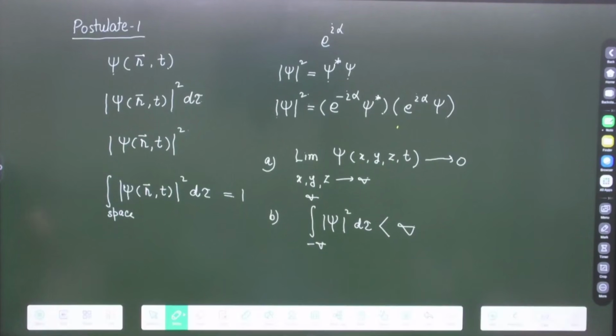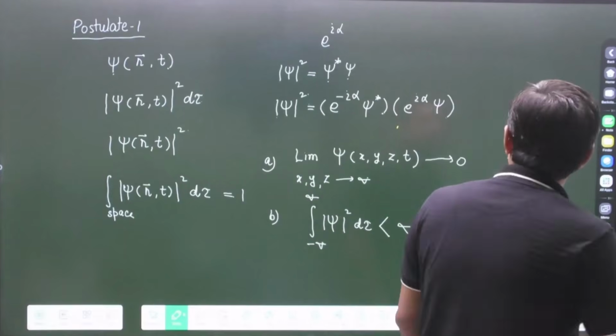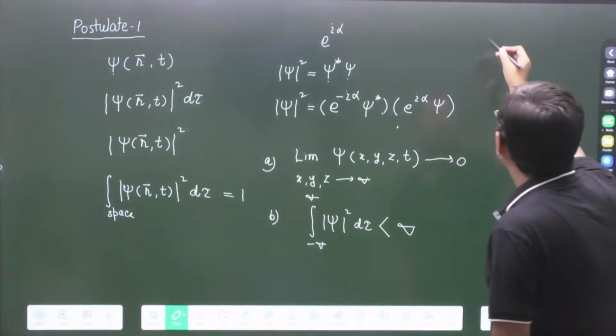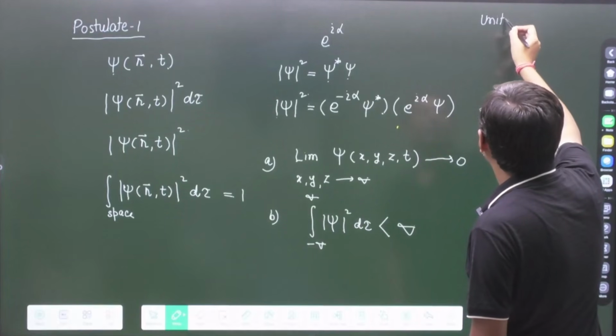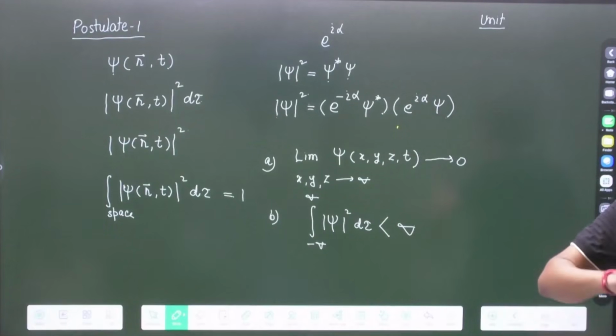Next point, unit of normalized wave function. This is all about these wave functions. So what will its unit be? It depends upon in how many dimensions you are working. Suppose you are dealing with a 1D problem.